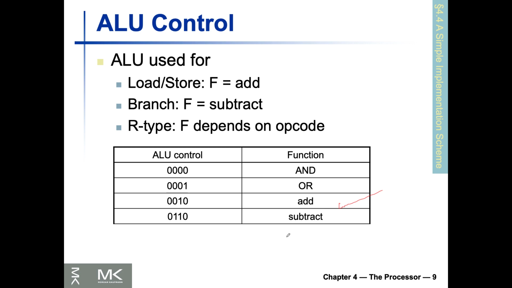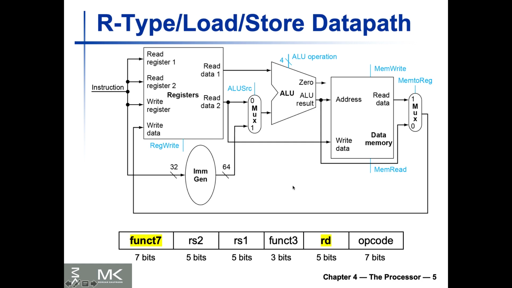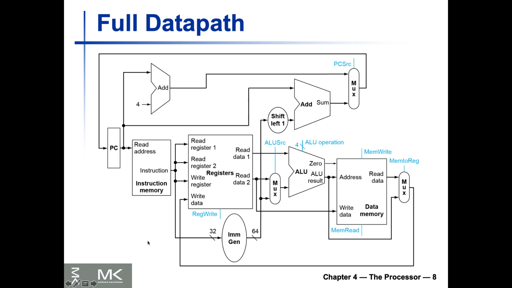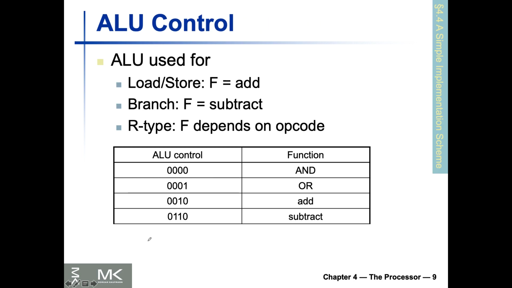We might use either of those, and we're going to choose depending on the 7-bit func7 field. And also, in certain cases, we might need the 3-bit func3 as well.